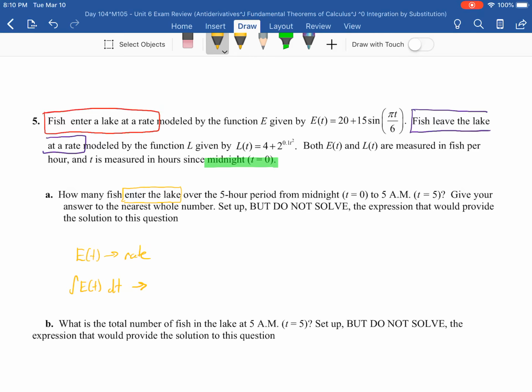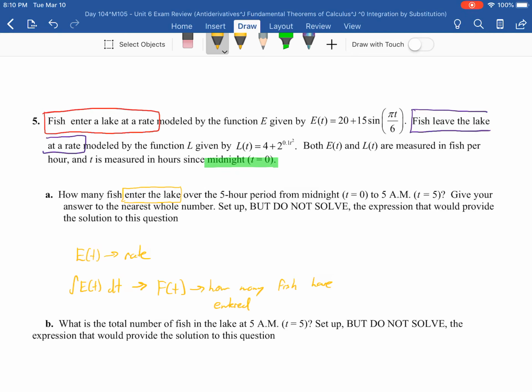We'll just call it big F. Well, if E of t is the rate of fish entering the lake, the antiderivative is going to represent how many fish have entered the lake at any given time. So how many fish have entered?